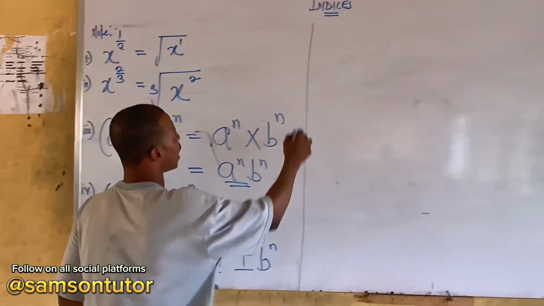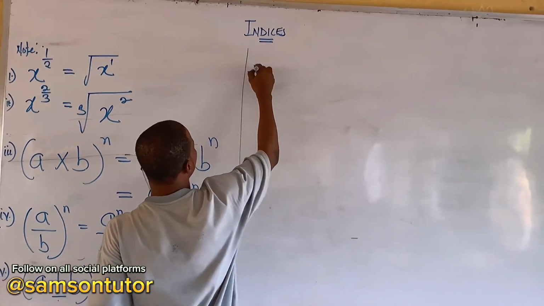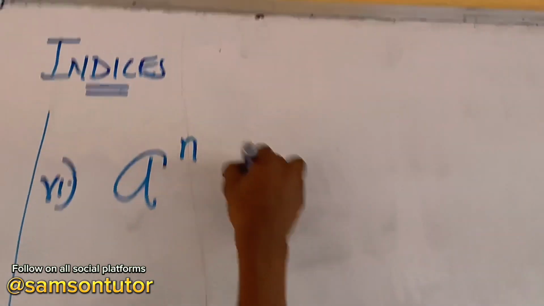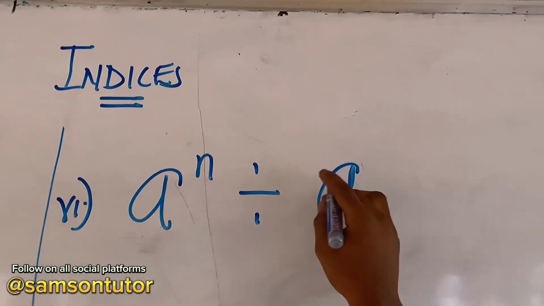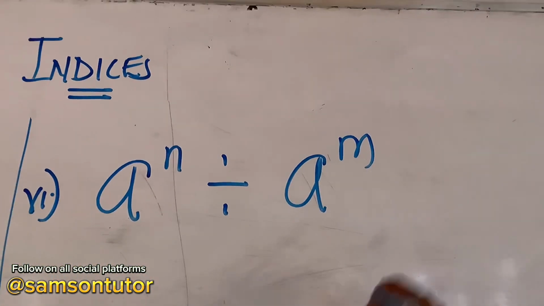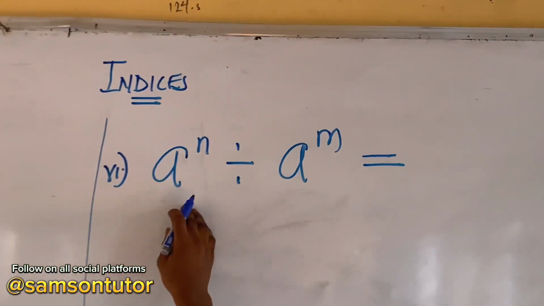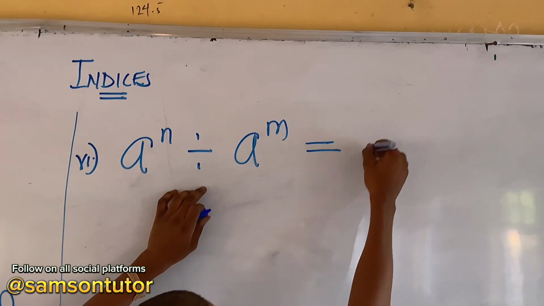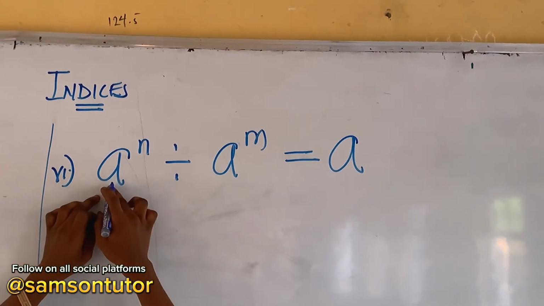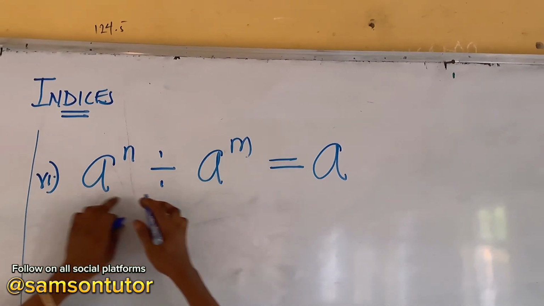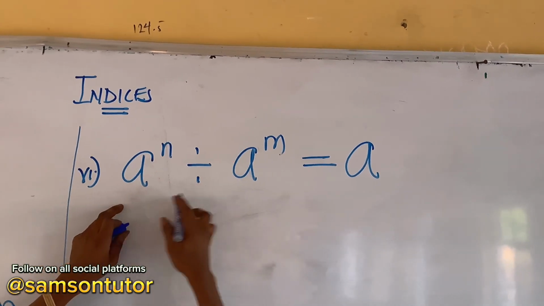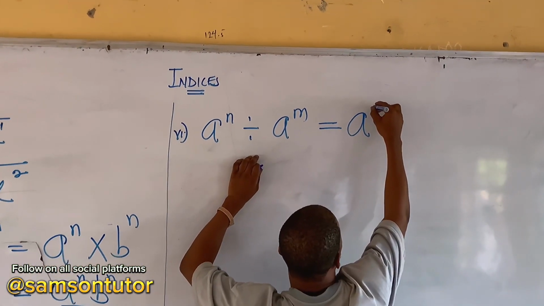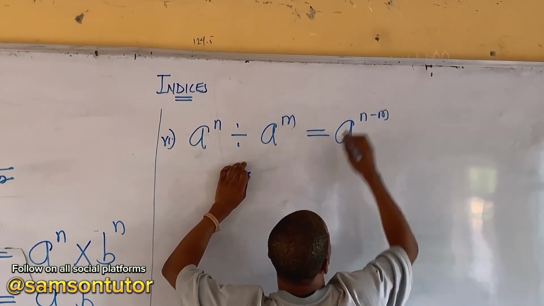And I need to let you know something. In this sixth one, when we have a raised to power n divided by a raised to power m, this is the second law of indices. It says that whenever we have the same base dividing each other, you take one of the base and subtract the powers, which says n minus m.